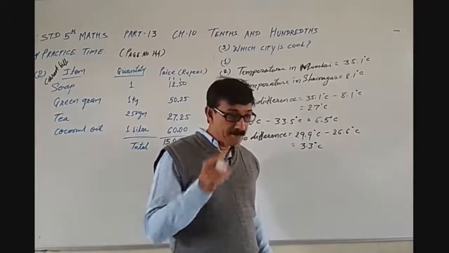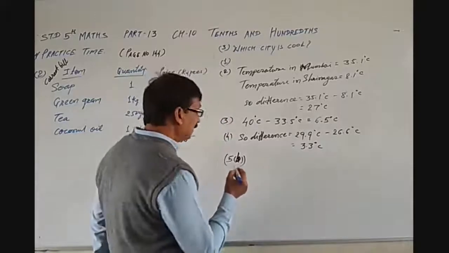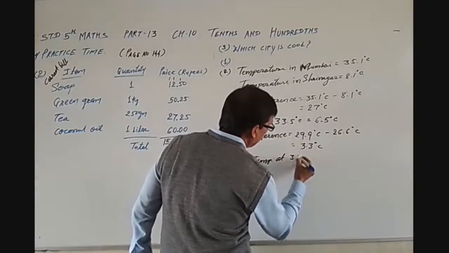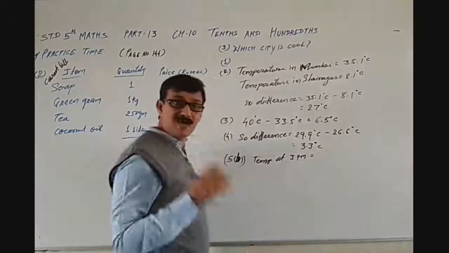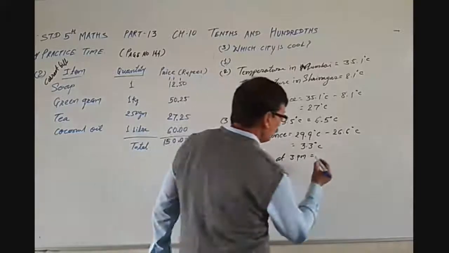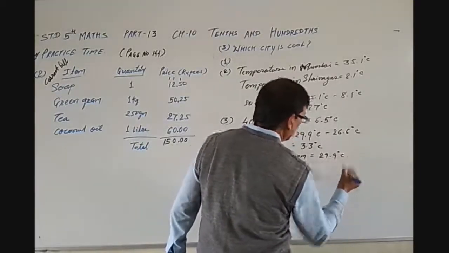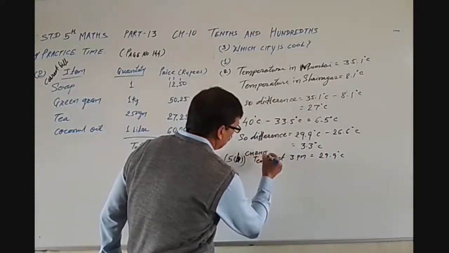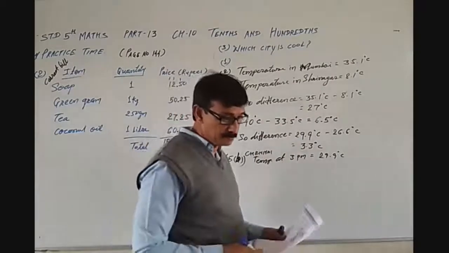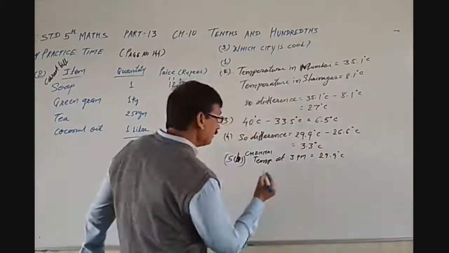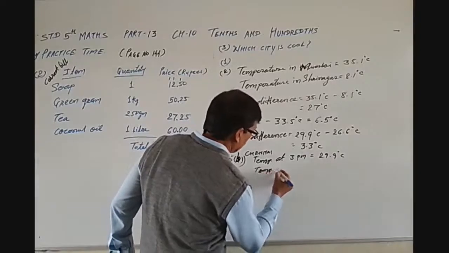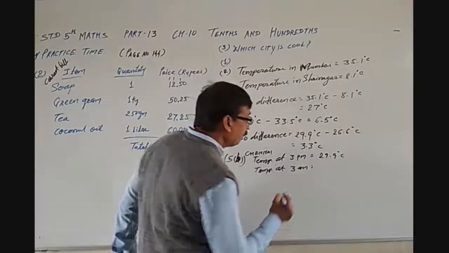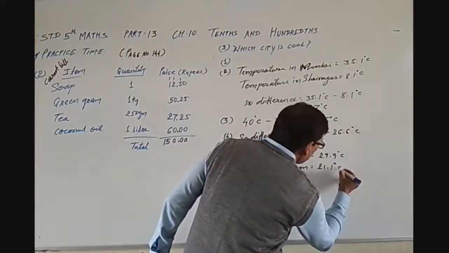So the temperature at 3 pm in Chennai is equal to 29.9 degrees Celsius. And temperature at 3 a.m. is equal to 21.1 degrees Celsius.